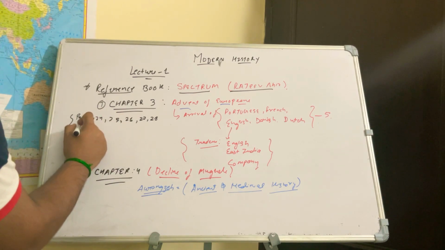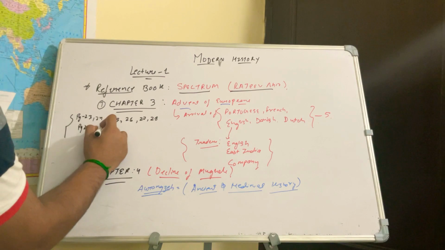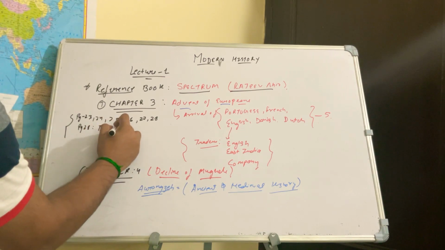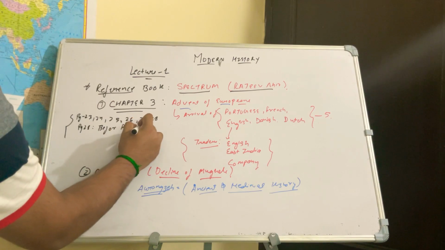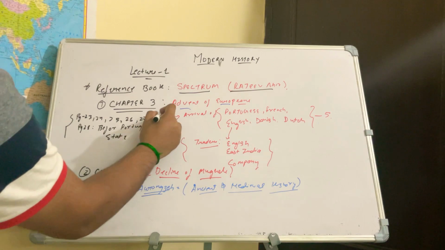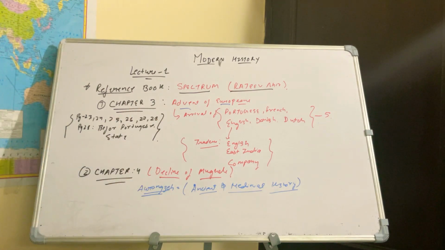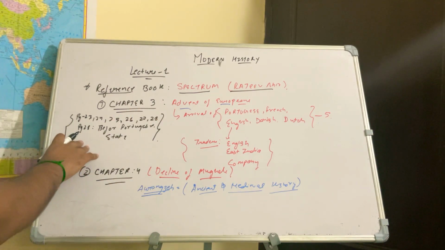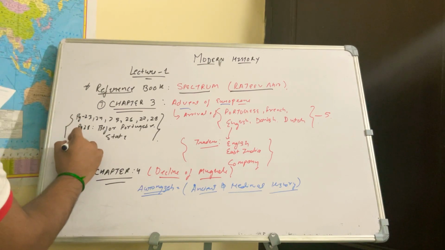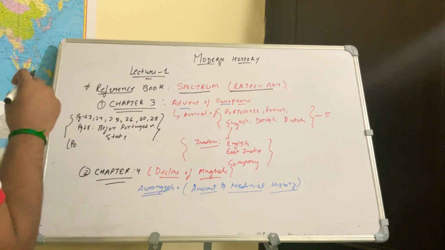And on page number 28 you have to study up to the Portuguese state. So these pages are specific to the Portuguese arrival, who were the very first Europeans who came to the Indian subcontinent.